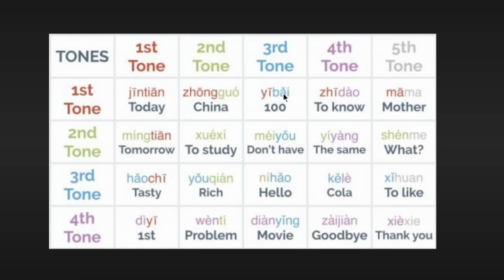As you can see, I'm using the actual third tone here. 知道, to know. 妈妈. And this is the lack of tone, right? Kind of from a Western perspective, when you have a lack of tone at the end, you can imagine it in your mind as if you are slightly stressing the syllable before. That's a good way to represent how to do the lack of tone, by the way.